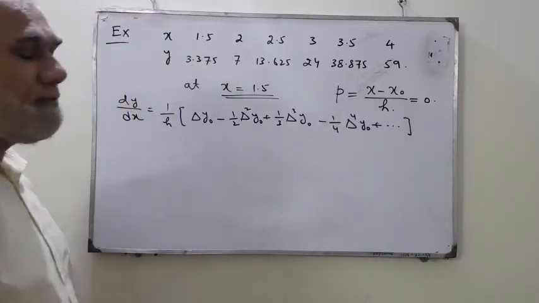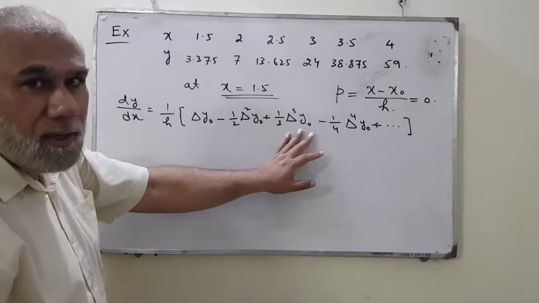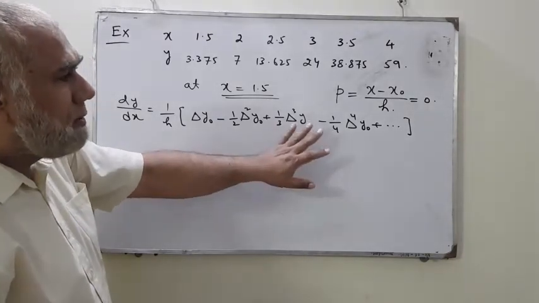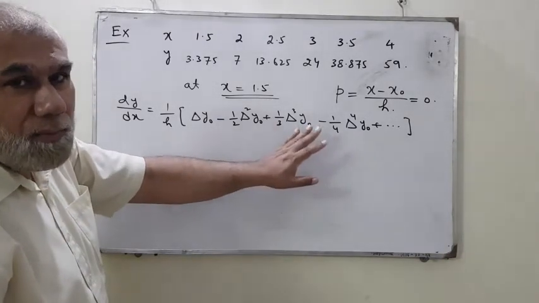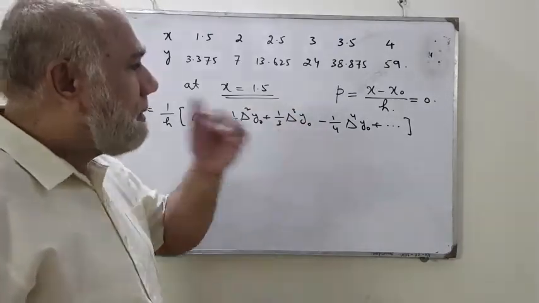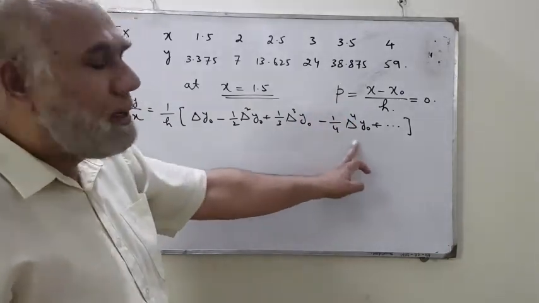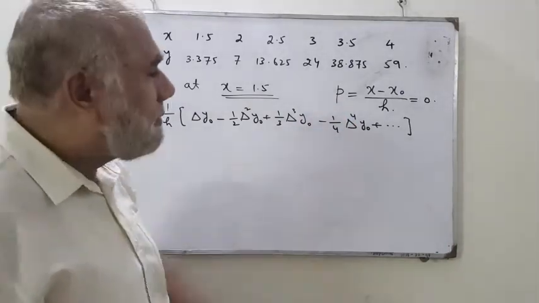This is the formula which I didn't write actually, but I told you you can create this formula just by putting p equals to 0 into the first order derivative we derived, because p is 0, so no more p will be included in this formula.